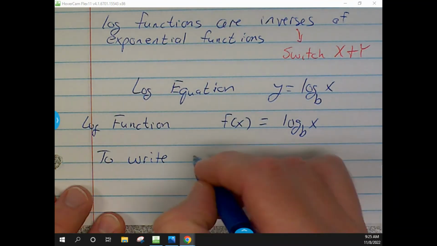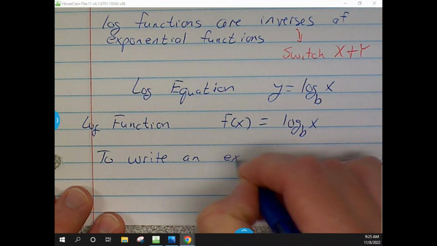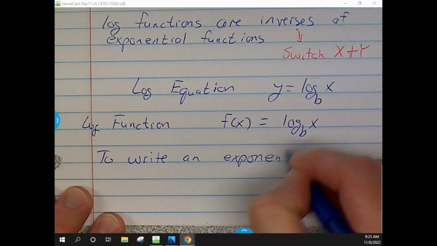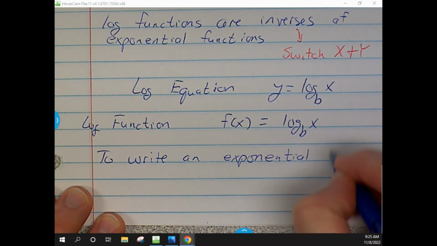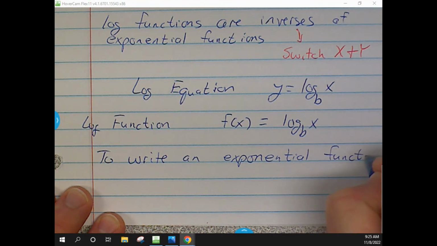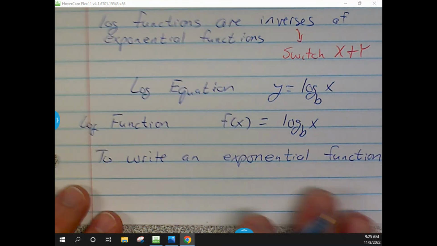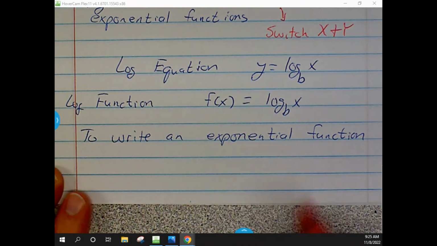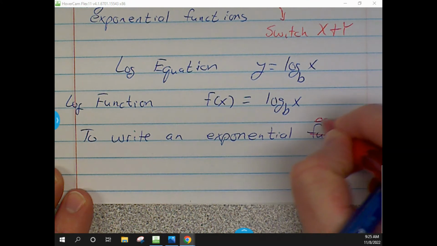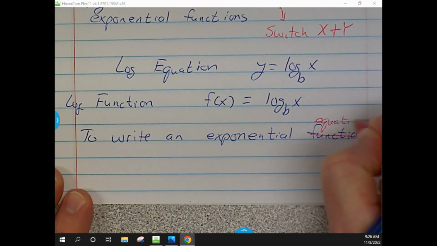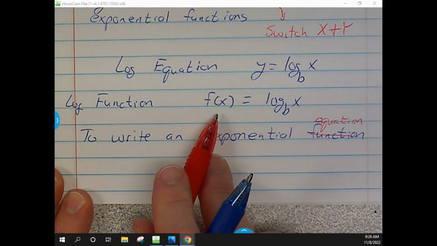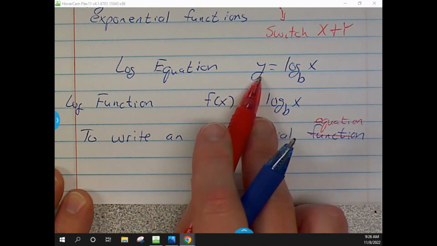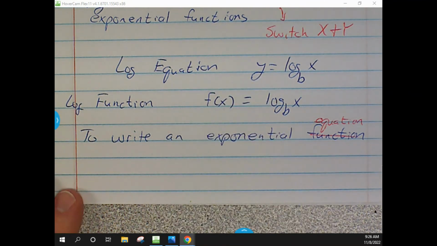To write an exponential function, or and again, function or equation doesn't really matter what it is. We'll probably do more equations, because if it is a function, the first thing we're going to do is take the f of x out and replace it with y. So really, let's just look at more equations.